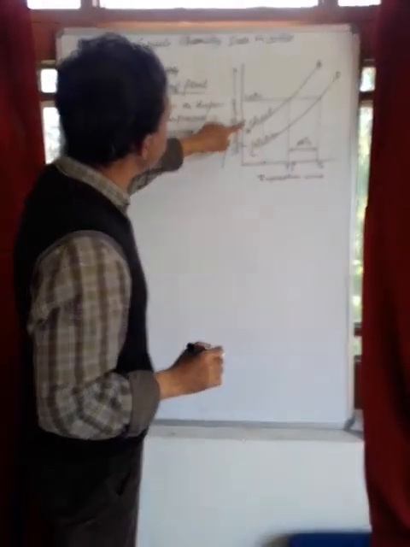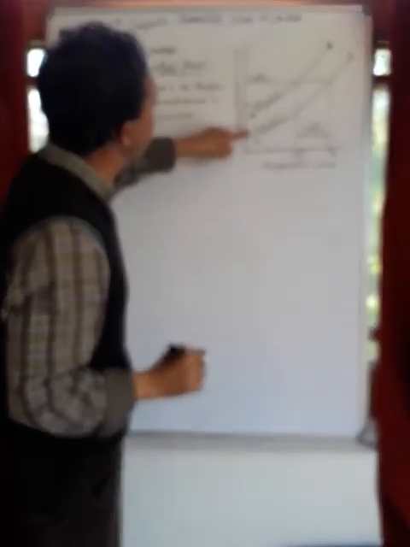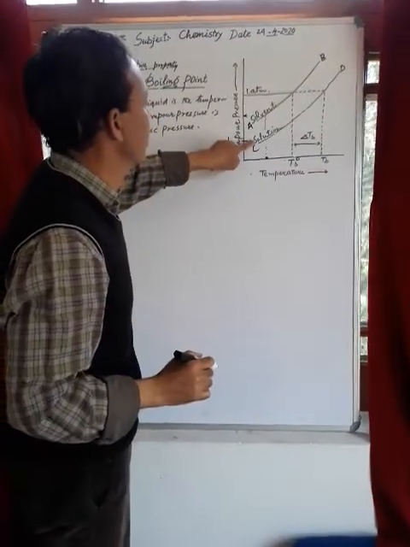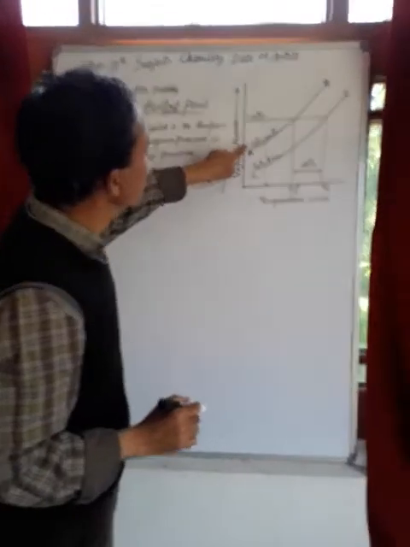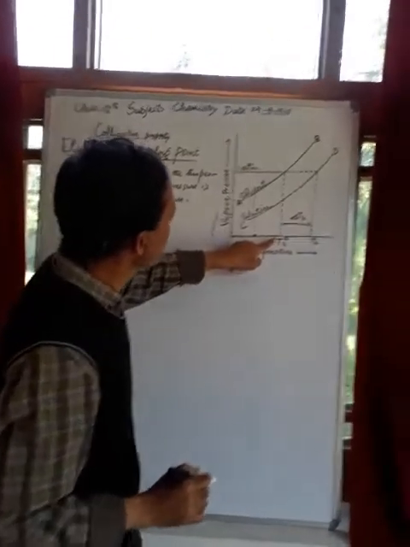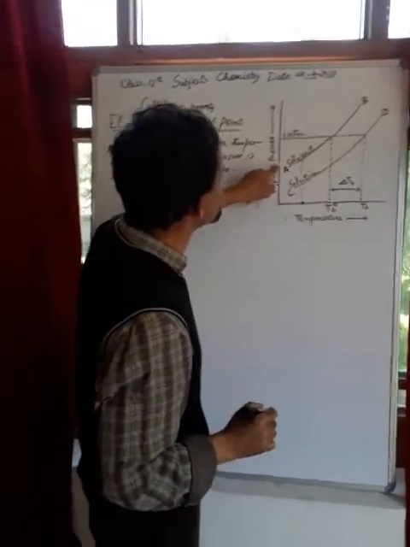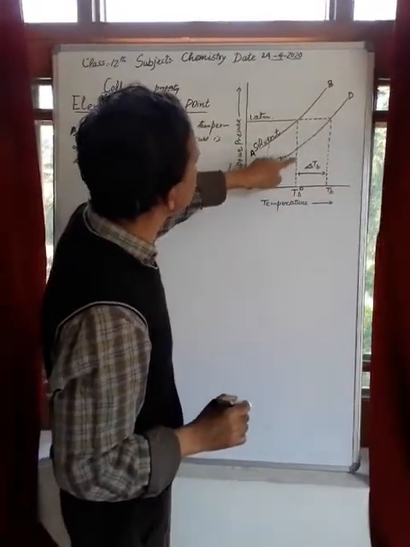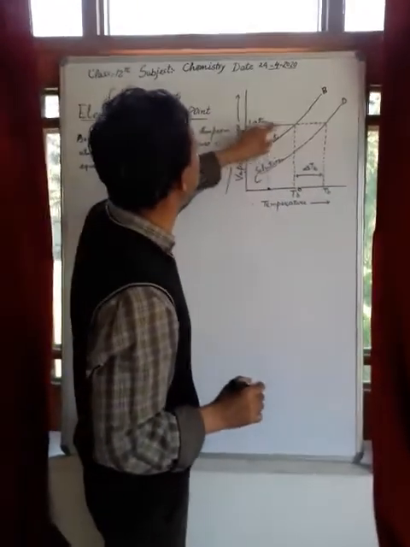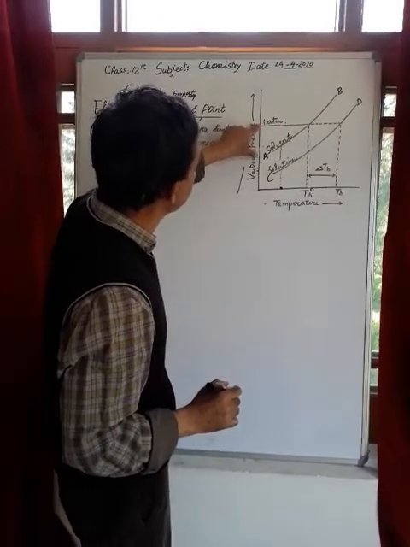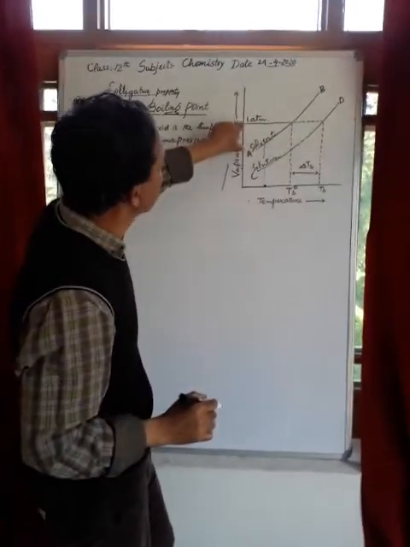It indicates that the vapor pressure of the solvent is higher than that of the solution. Similarly, at this other temperature, the vapor pressure of the solvent is higher than the vapor pressure of the solution.